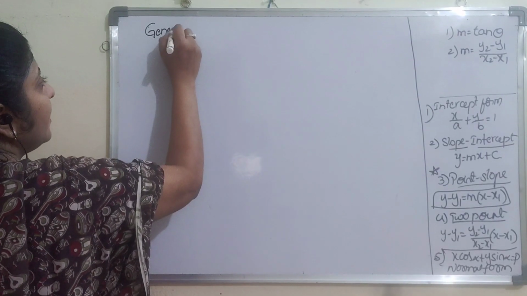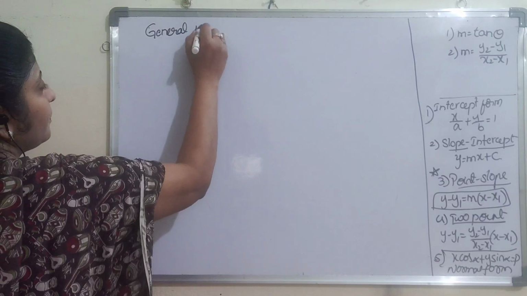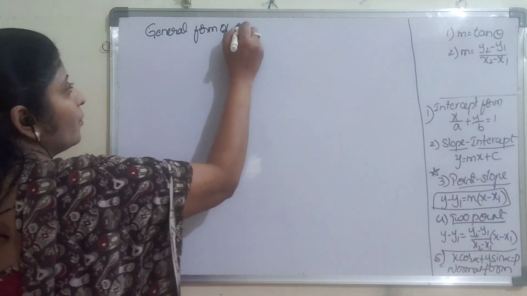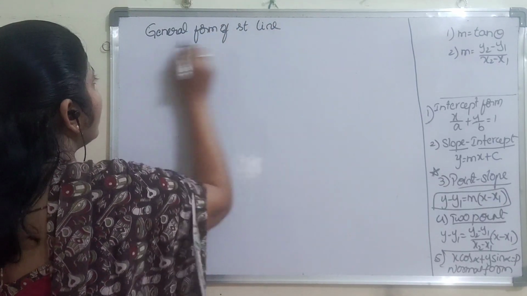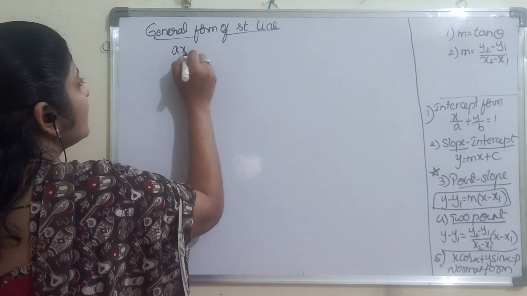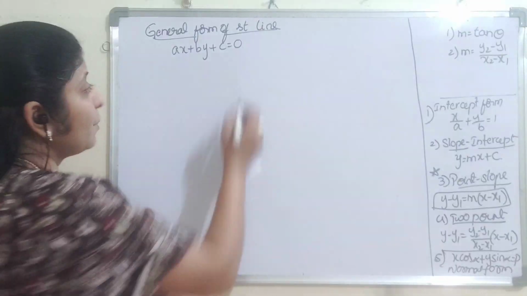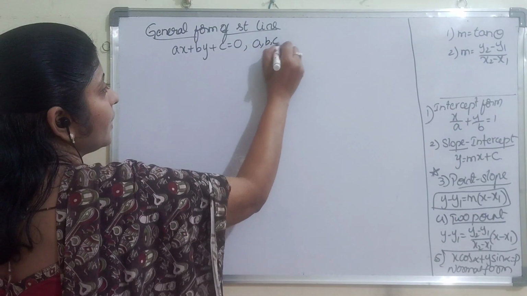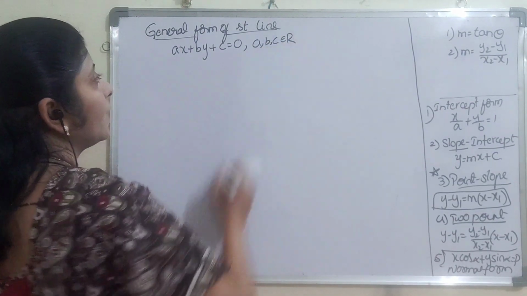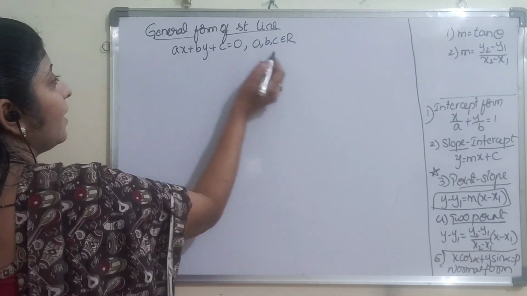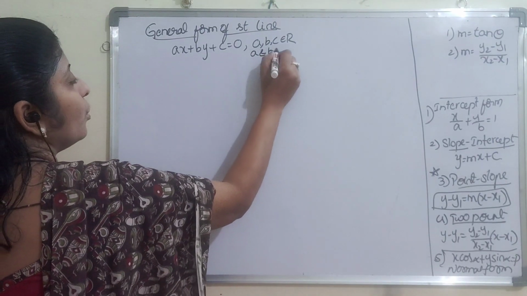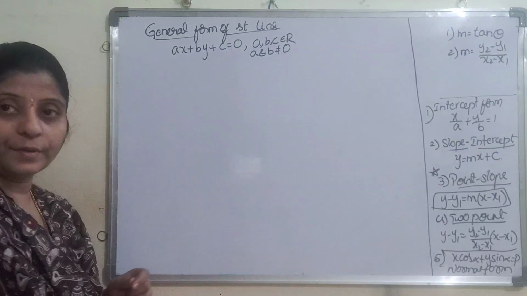Now the general form of a straight line. This gives Ax plus By plus C equal to 0, where A, B, C are real and A and B are both not equal to 0.